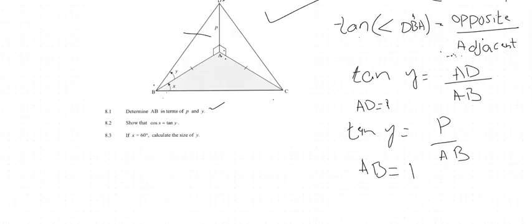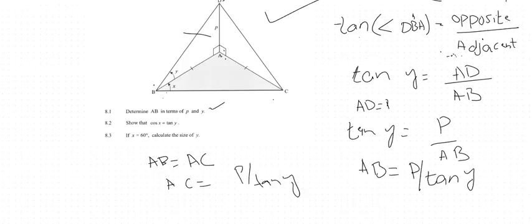Since AB is equal to AC, we also have AC equals P by tan y. So this is the required answer for 8.1.